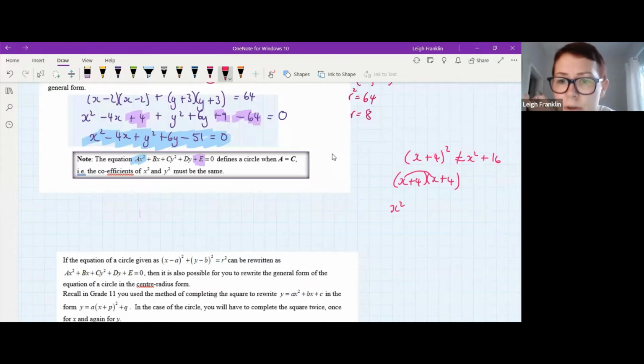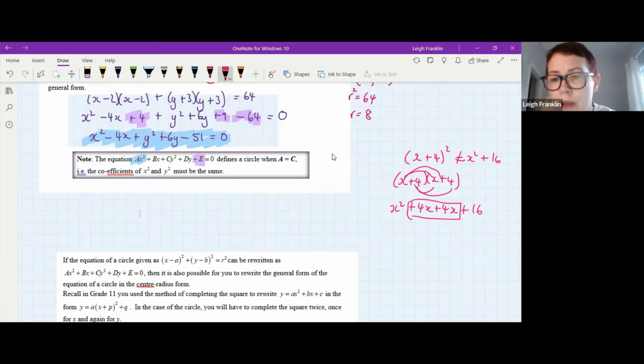Firsts, outers, inners, lasts. So there is a middle term, an x term that we must not forget about. And there is actually a shortcut to this as well. I don't know if you've been taught that. Normally it would be discussed when you were in grade 10.